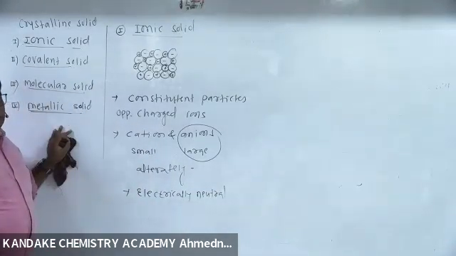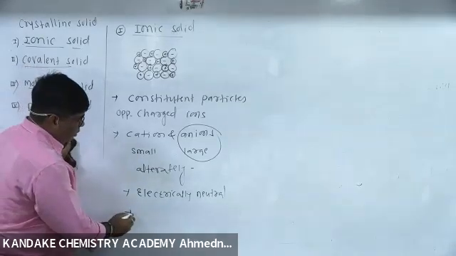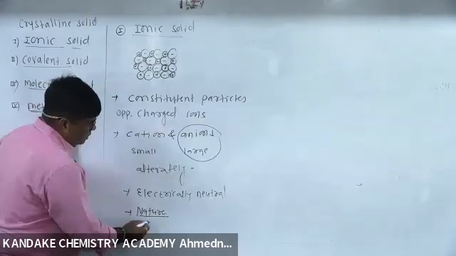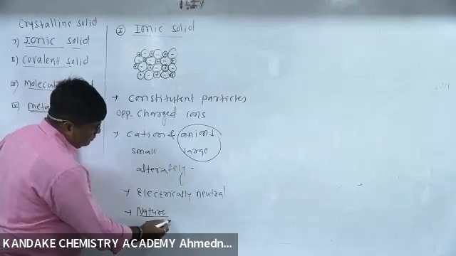Then the nature of an ionic solid depends on, one, the size of cation and anion.